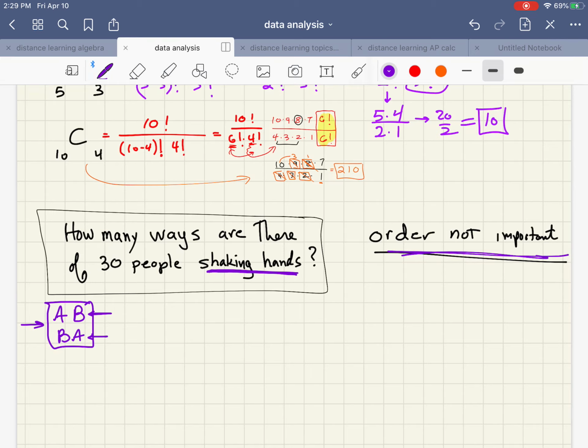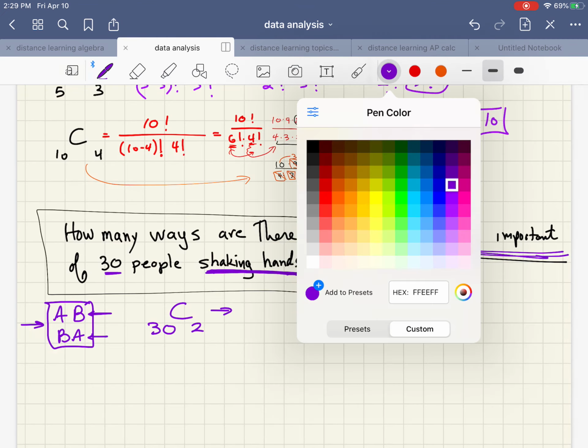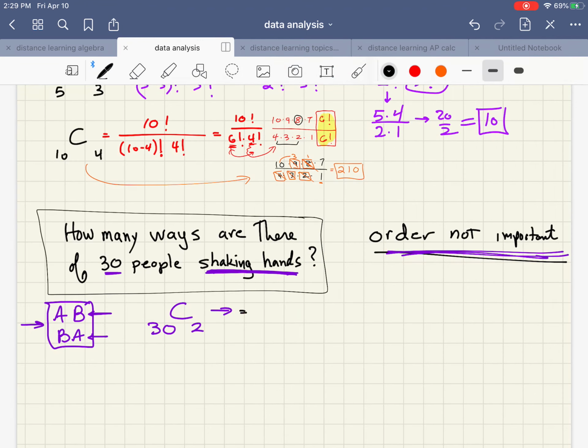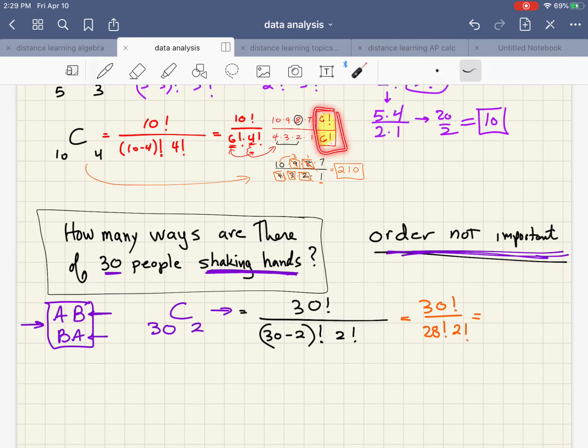Okay, so how many ways are there for 30 people to shake hands? We're going to have the n value be 30. It's a combination because the order is not important, and it takes 2 to shake hands. So we have our values, and we're going to calculate: 30 factorial on the top, 30 minus 2 factorial, 2 factorial. 30 factorial over 28 factorial, 2 factorial.